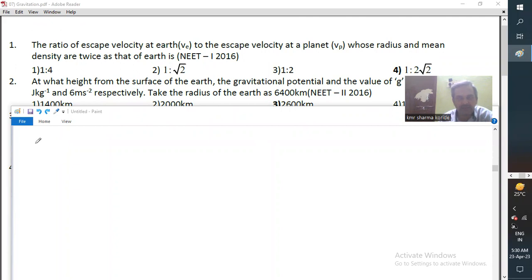So first let us try to get the escape velocity in terms of mean density and radius.